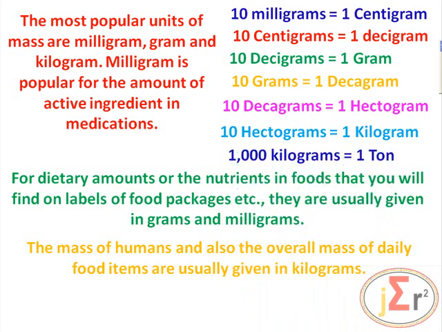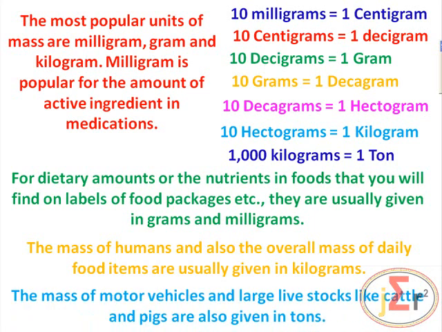And of course, we have thousands of kilograms, and that will be what? 1 ton. 1,000 kilograms is equal to 1 ton. And the ton is usually used in reference to motor vehicles and also livestock like cattle, and so on.